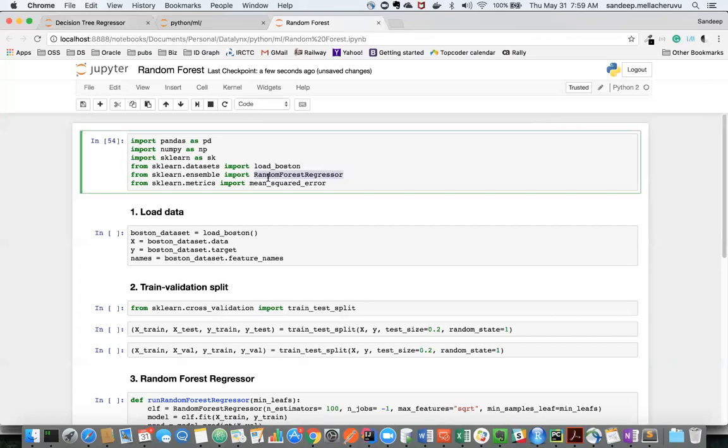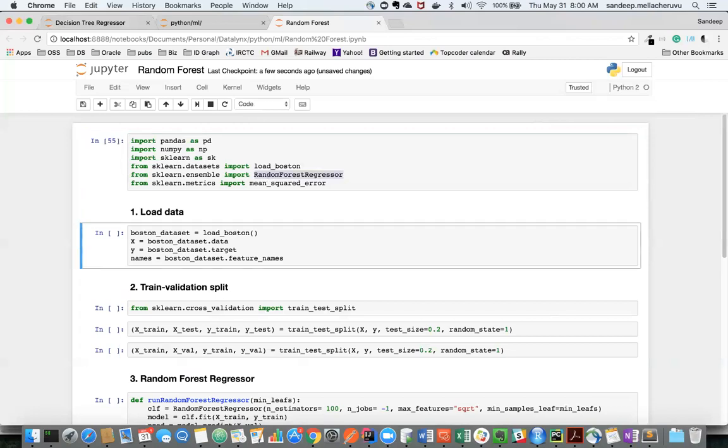Both are the same, except that in regressor you are going to get a continuous value. So each tree is going to predict some continuous value, you average out all of those values and give a final answer. In random forest classifier, it's the majority voting actually. Not very different.